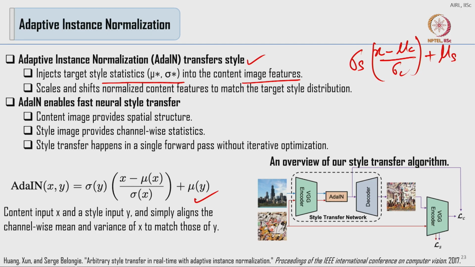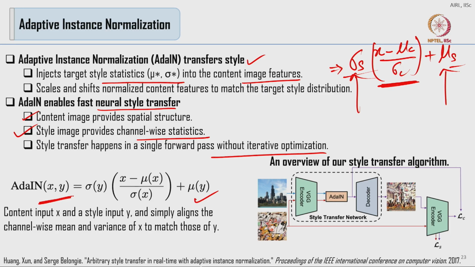Adaptive instance norm, which is AdaIN, enables fast neural style transfer, which is essentially a style transfer mechanism. The content image provides the spatial structure, which we can see from the activation here. The style is essentially the channel-wise statistics which we embed in this equation here, right? The style transfer happens in a single forward pass without an iterative mechanism, and hence we have adaptive instance norm.